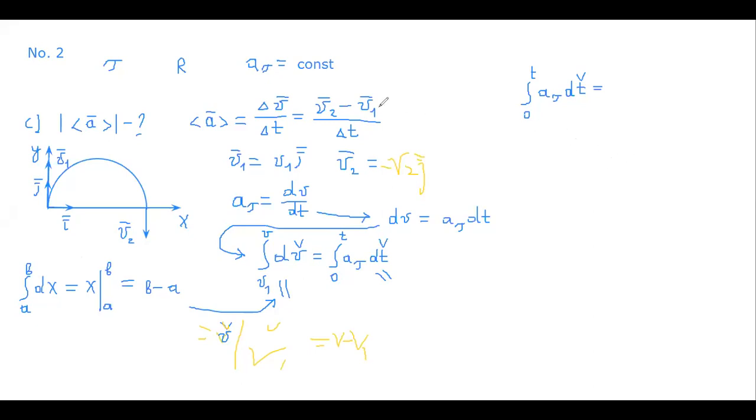Okay, and let's take into account that a tau is equal to a constant. If it is constant, we can write this outside the integral. Yes, it is. No, it is not.